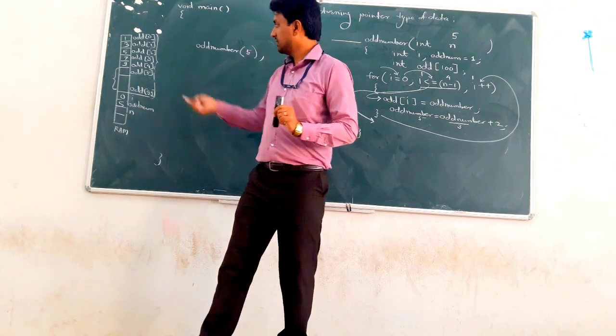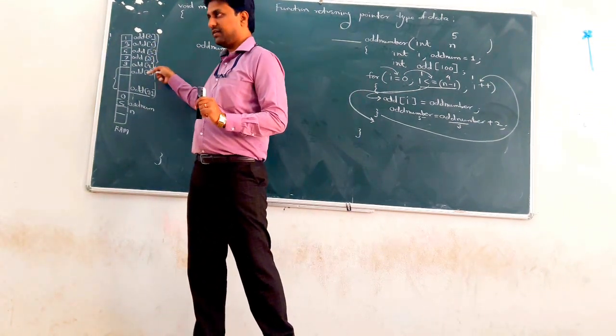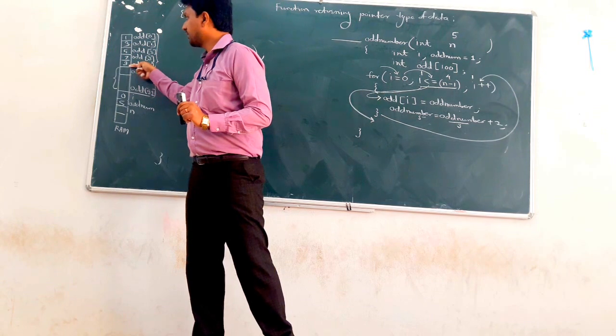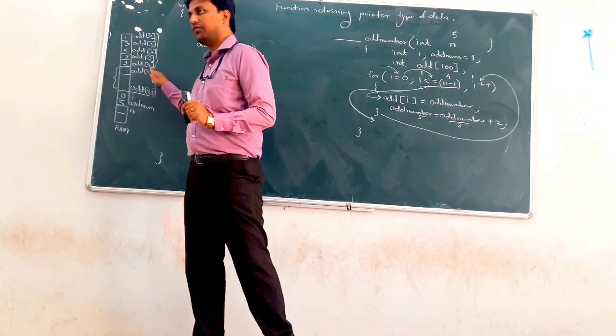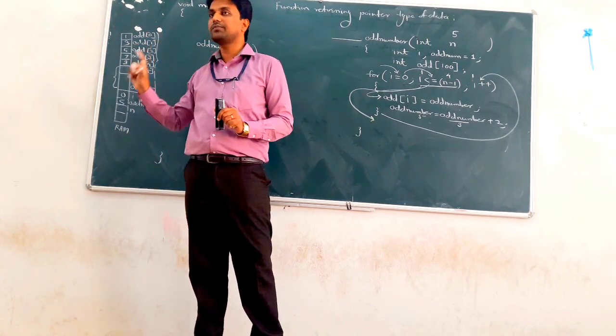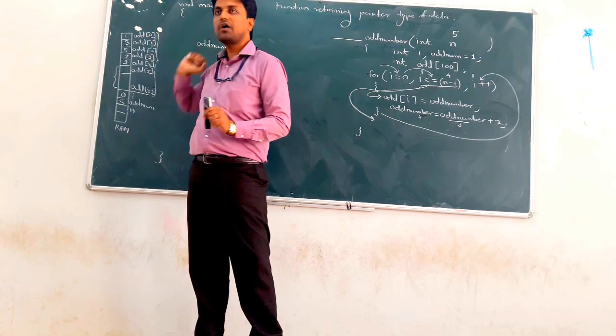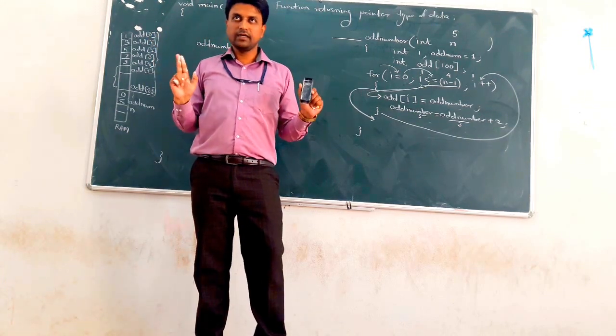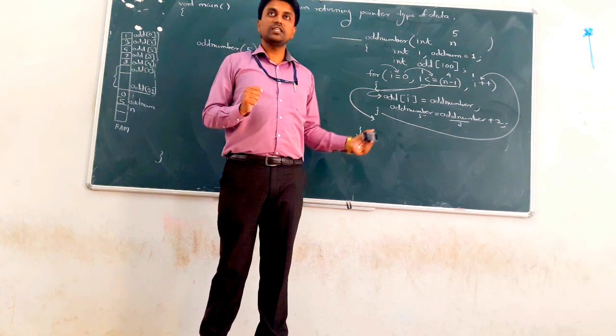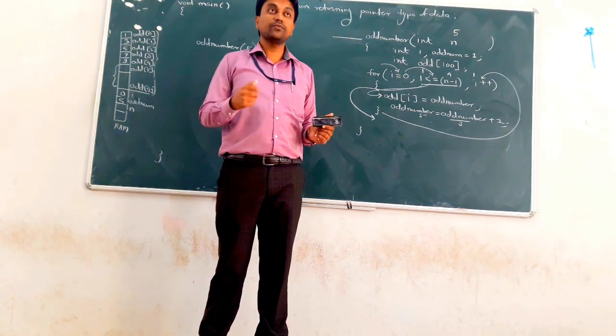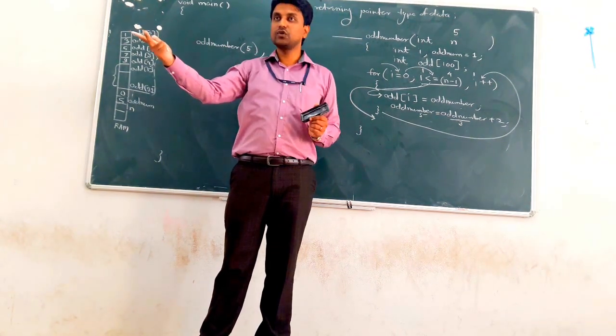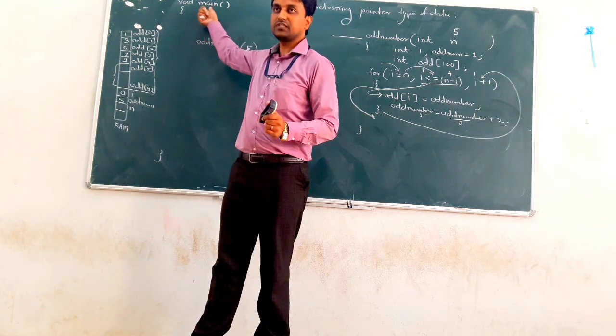After that, okay, we fill the odd array by odd numbers till odd of 4. Means first 5 odd numbers we have to save into odd array. Clear? Now what is the function? Next step, we have to return that total array. To whom? Main function.